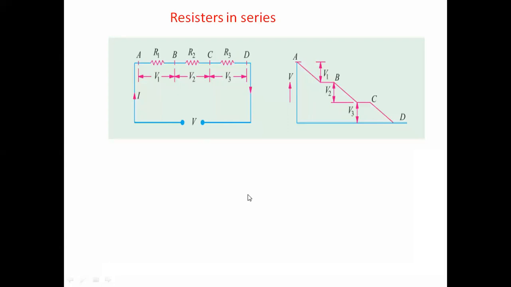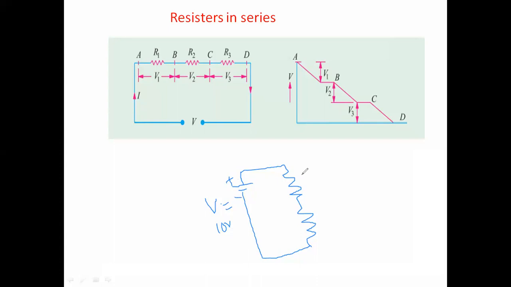Suppose here we have a voltage source, and two resistors connected in series. The voltage V is 10 volts, plus and minus.